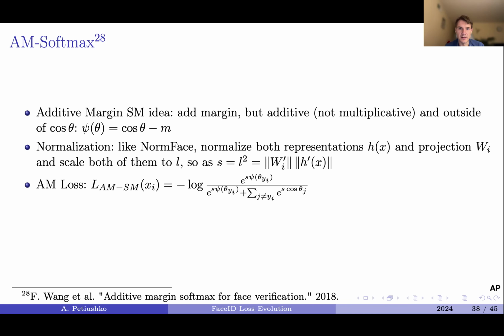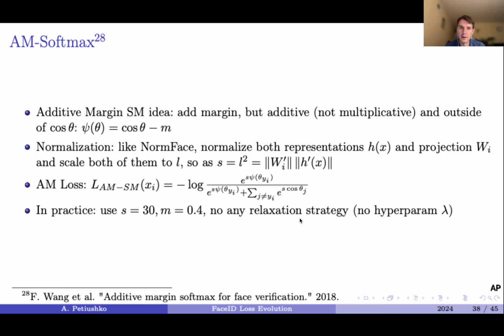In this case, the loss is again minus logarithm of just the usual terms, only S here and psi. Everything else is just the same. In practice, the authors used S equals 30 and M equals 0.4, and no relaxation strategy.